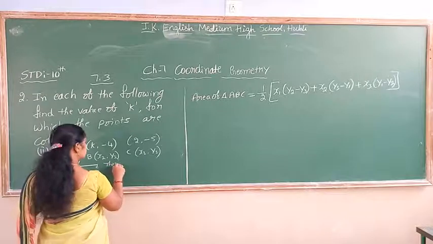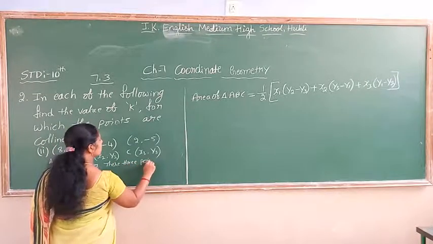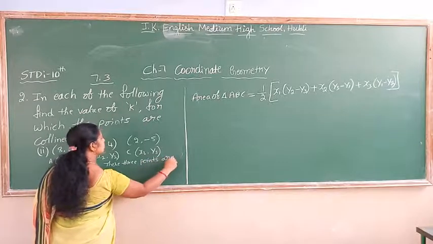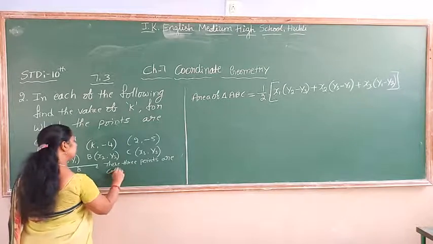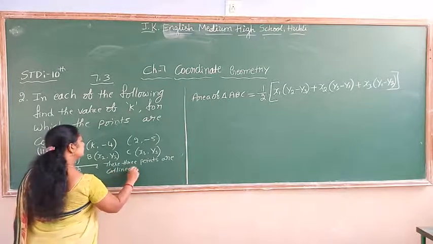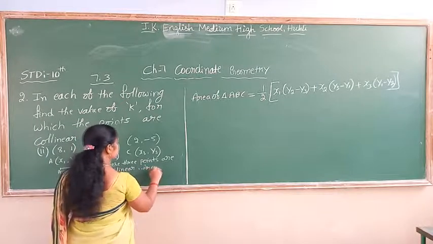Here these 3 points are collinear. Collinear means they are coming on a single line. Therefore, area of triangle will be 0.